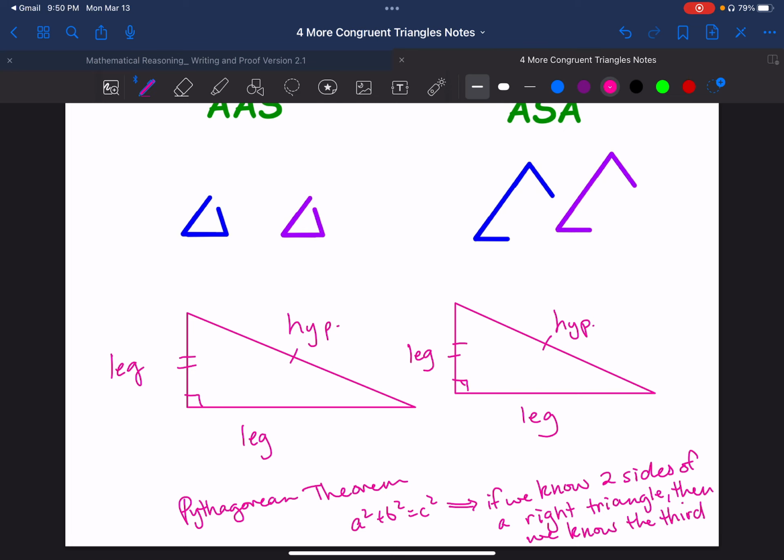So this is HL, hypotenuse leg congruence. It is just as good as any of the others, and it's another option that we'll talk about more as we keep going.